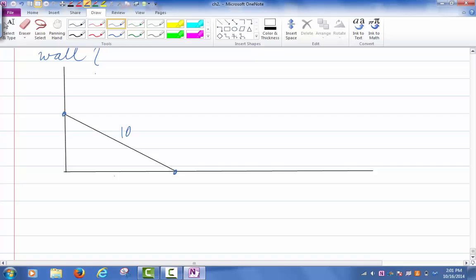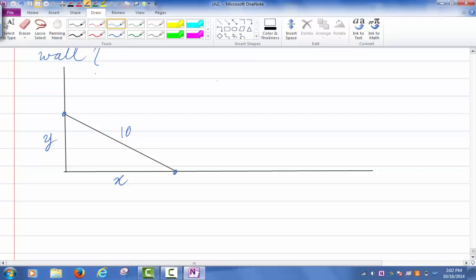Well, notice that if x is the distance of the bottom of the ladder from the wall, then the rate of change of x is the rate at which the bottom is sliding away, right? And let's label the height of the top of the ladder by y.